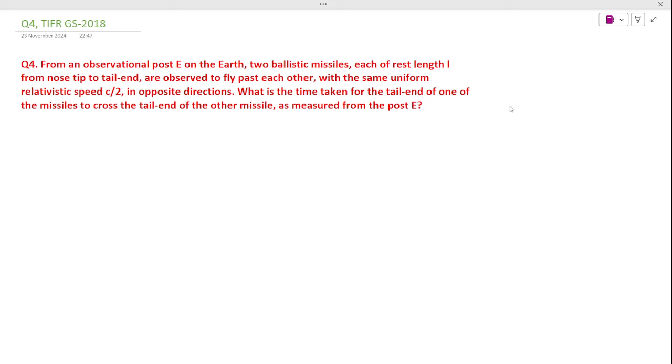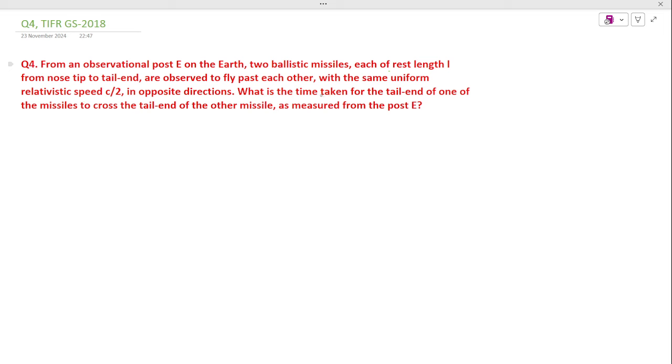From an observational post E on the Earth, two ballistic missiles, each of rest length L from nose tip to tail end, that basically means first to last, are observed to fly past each other with the same uniform relativistic speed c by 2 in opposite directions.